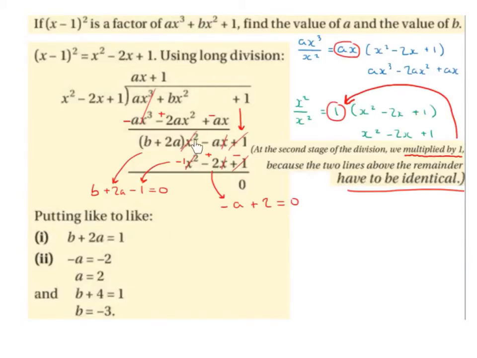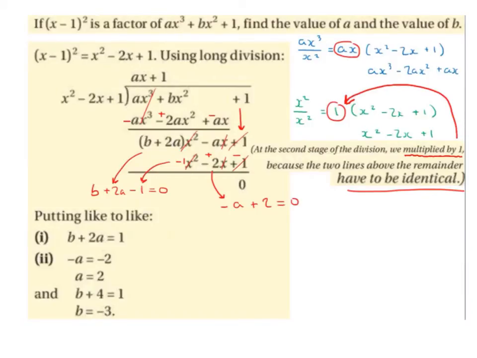We forget about the x squareds, remember that this is a minus, and say b plus 2a minus 1 is equal to 0. Then we bring the minus 1 over the other side, or you could say b plus 2a is equal to 1.